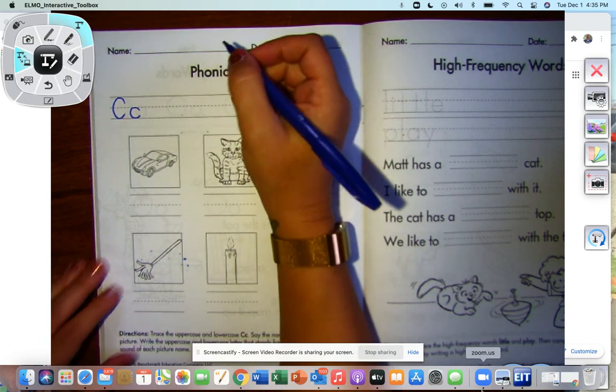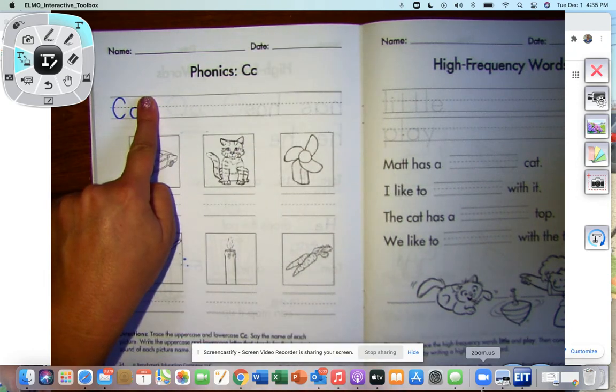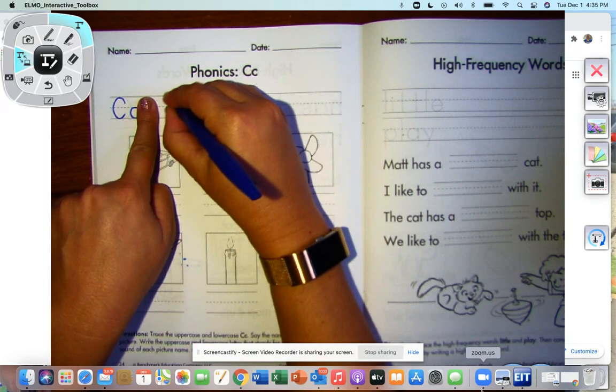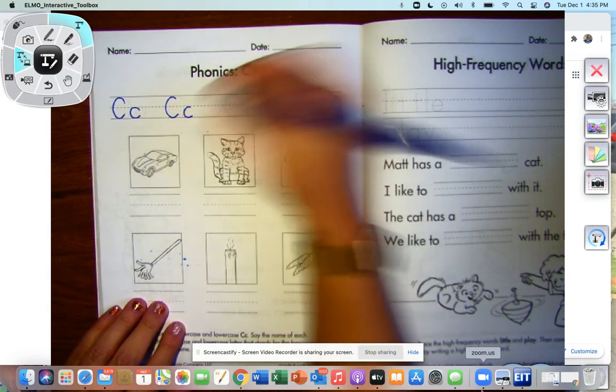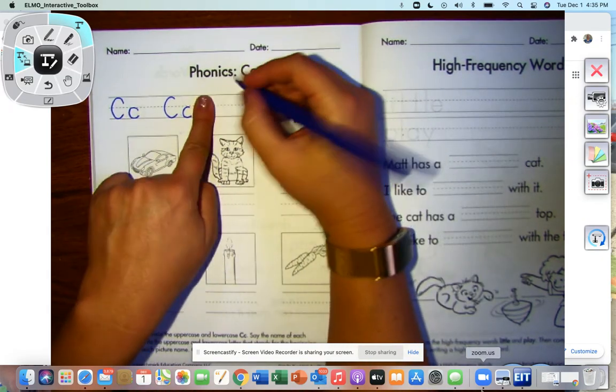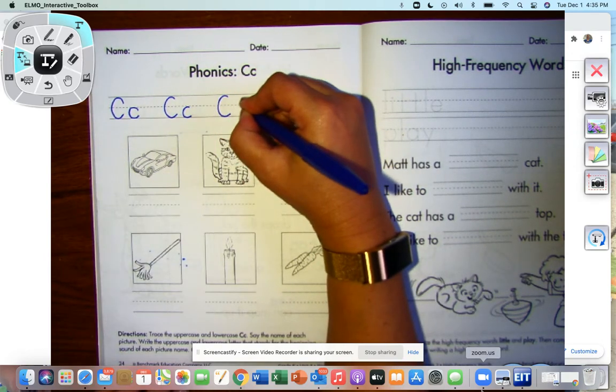And then we're going to write it on our own, and we're going to finger space in between, and we're going to write a capital C and a lowercase c. And we're going to keep going down the line till we fill the line with our capital and lowercase letter C's.